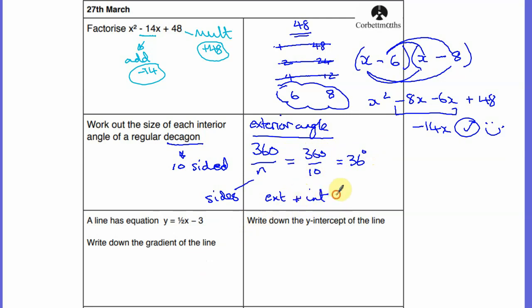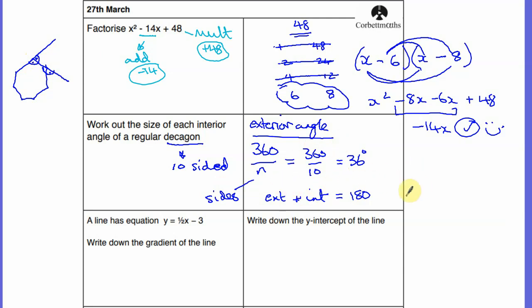plus an interior angle of a shape equals 180, because if I'm going to draw a shape up here, it doesn't matter what the shape is, the exterior angle is if I continue these lines over here. So my exterior angle is this, my exterior angle is there, and there. You can see if I continue this line, I'm making a straight line. So if I add my exterior and my interior together, I'm going to make 180 degrees, because it's just a continuation of a straight line.